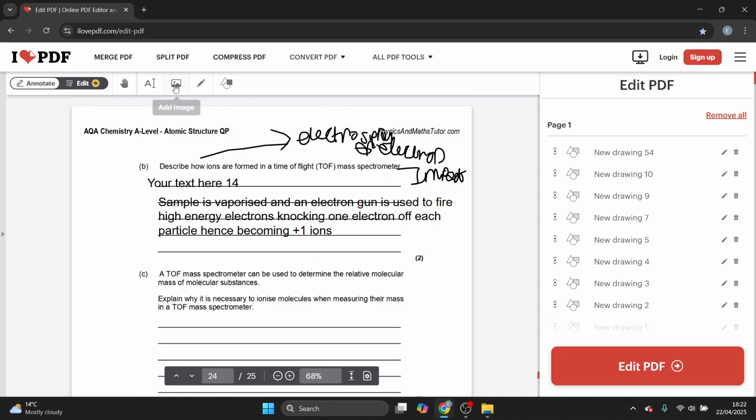So electron impact, I'll just let the examiner know it's electron impact. So the sample is vaporized and bombarded with high energy electrons. There you go, knocking one electron off, becoming 1+ ions.